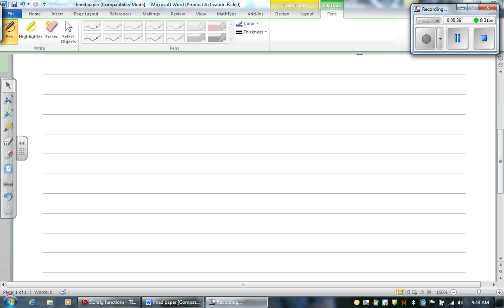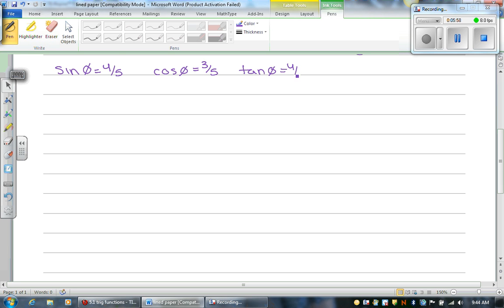What we're going to do is take the information that we were given and use that to find the missing information. So again, we were given sine of phi equals 4/5, cosine of phi equals 3/5, and tangent of phi equals 4/3.